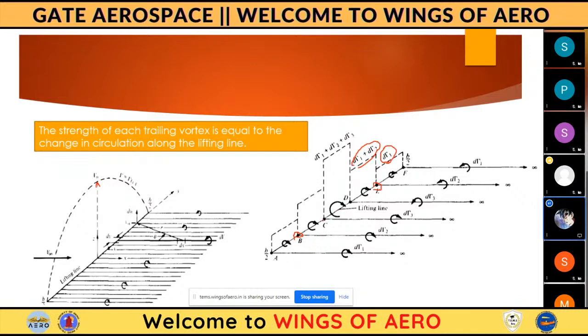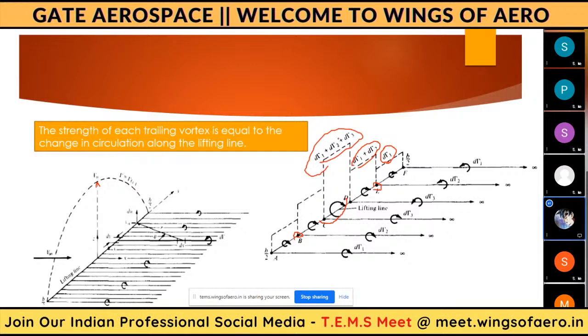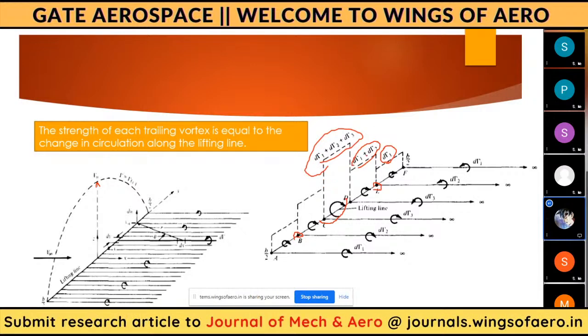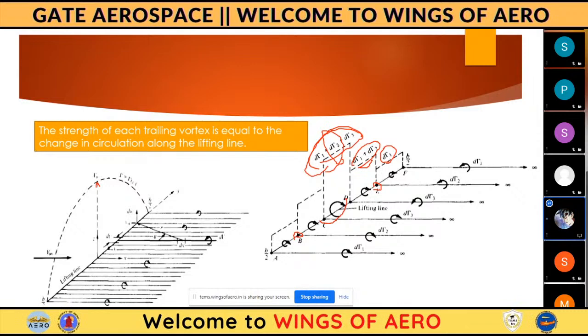And the third one is from C to D, and the strength is a combination of d gamma 1 plus d gamma 2 plus d gamma 3. That's why you can see that CD has the greater strength, because it is a combination of all three. Adjacent to that, it has a combination of both d gamma 1 and d gamma 2.